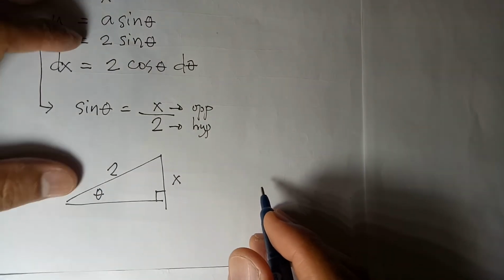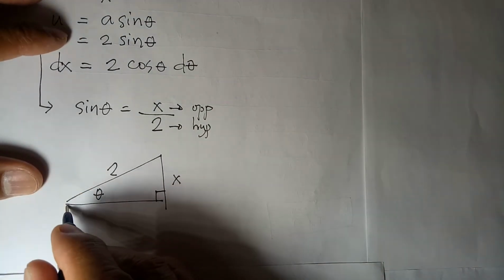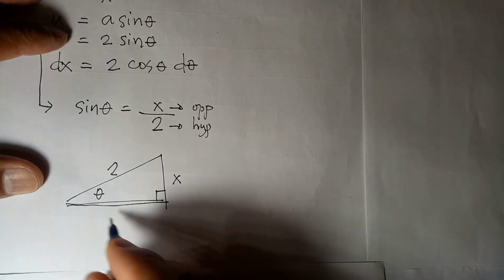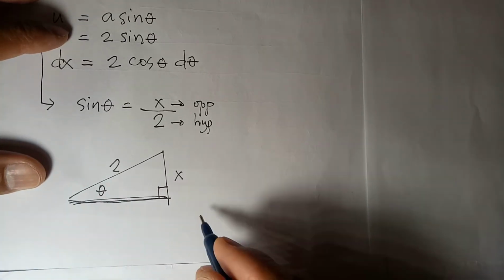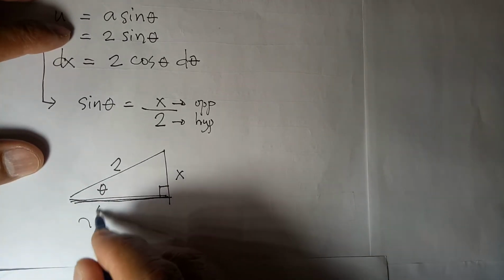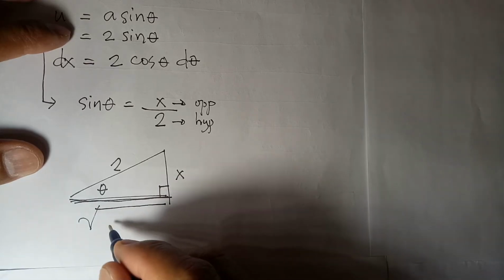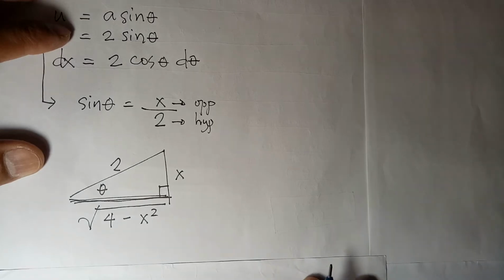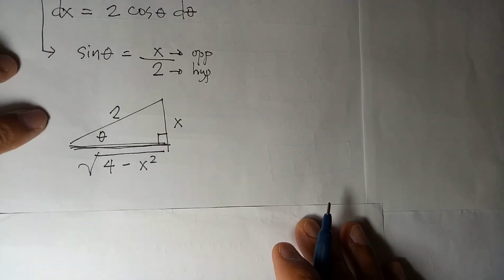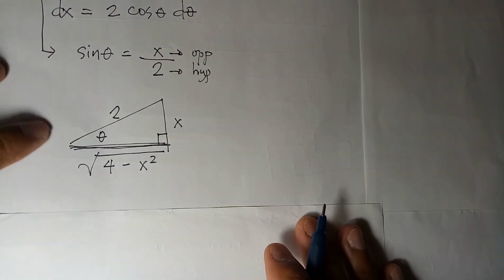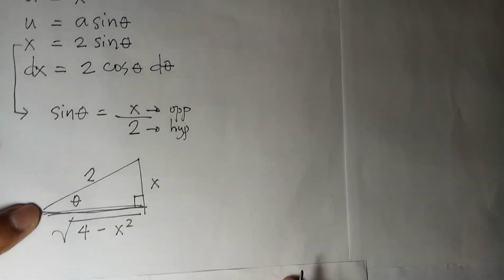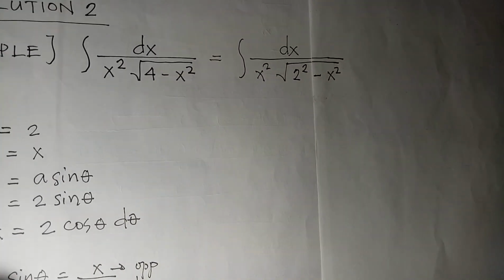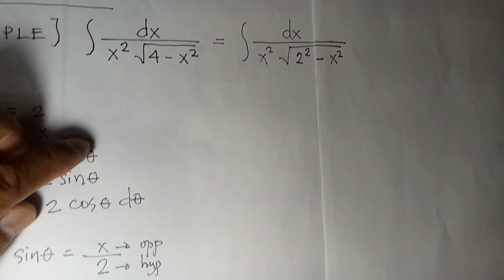So, with respect to angle theta, this is the adjacent side. And then by Pythagorean Theorem, this will become square root of 4 minus x squared. Okay. So, dito natin nahanapin ngayon yung equivalent trigonometric function ng square root of 4 minus x squared.